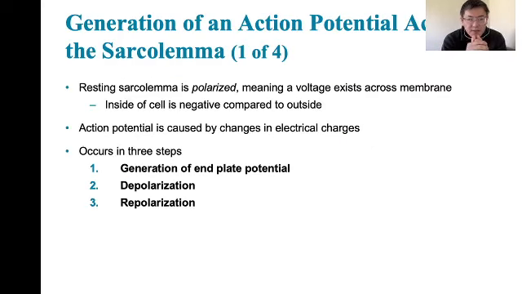Now let's talk about the action potential, the muscle fiber action potential. Muscle fiber action potential is also called muscle fiber excitation. The action potential is generated by three steps: the generation of the end plate potential, depolarization, and repolarization.